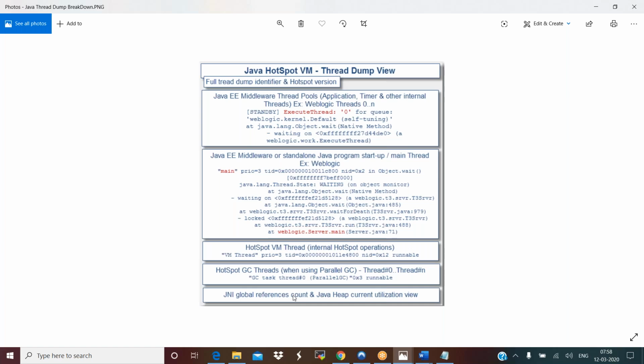You will see the state of the threads and their descriptions, like waiting on condition, waiting. Slowly you will understand what you need to do with the blocked threads and waiting threads.